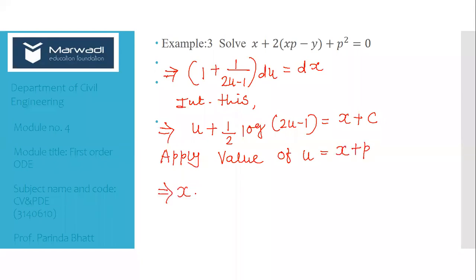Therefore, x plus p plus 1 by 2 log. Here we multiply with the 2, therefore 2x plus 2p minus 1 equal to x plus c.